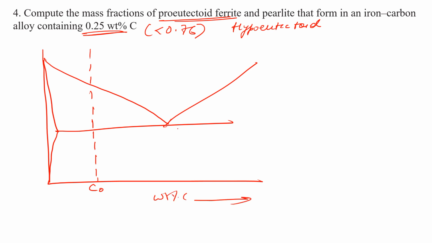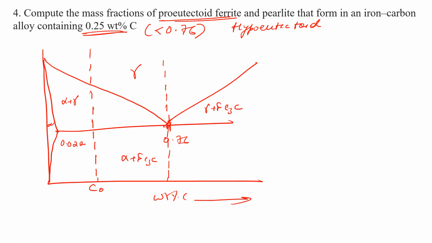This is 0.76, this is 0.022. Alpha, gamma, alpha plus gamma, alpha plus Fe3C, gamma plus Fe3C. This is our pearlite.